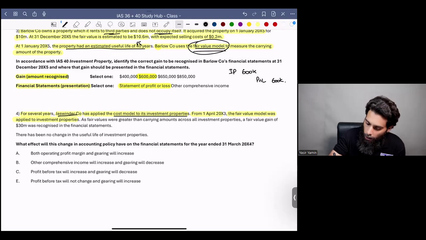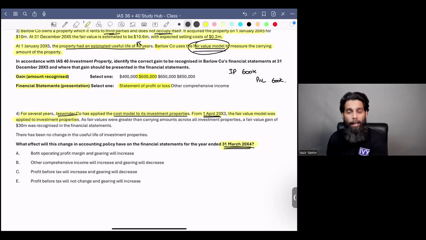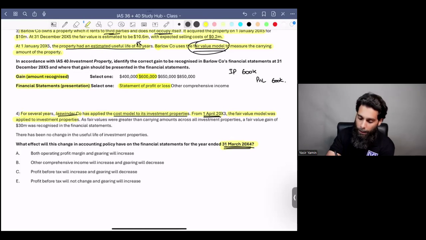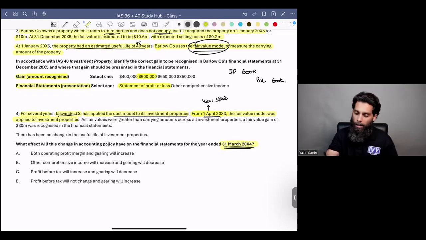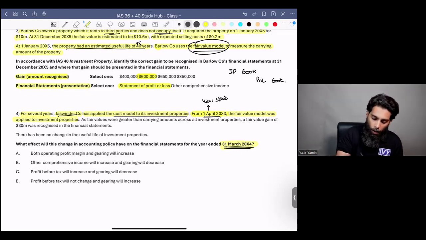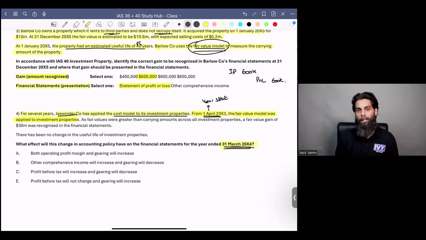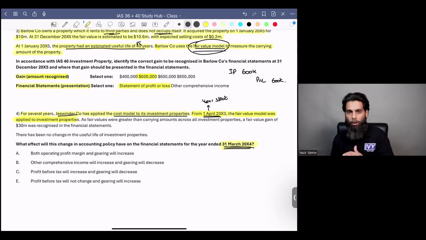Your accounting year end is 31st March X4. That means 1st April 20X3 is the year start. So what your examiner is basically saying is that right from the year start, the fair value model was applied to investment properties. So you shifted from cost model to fair value model for the same investment property.